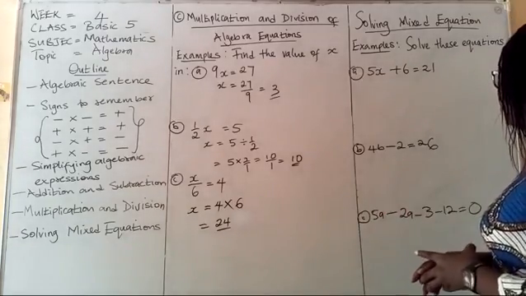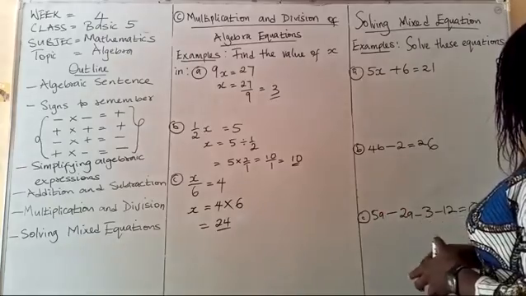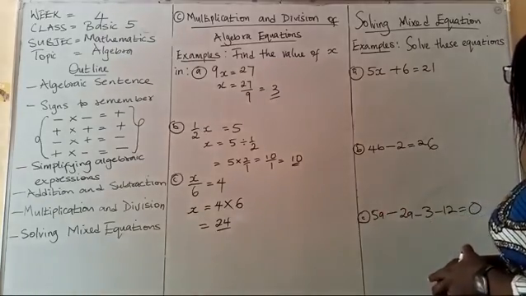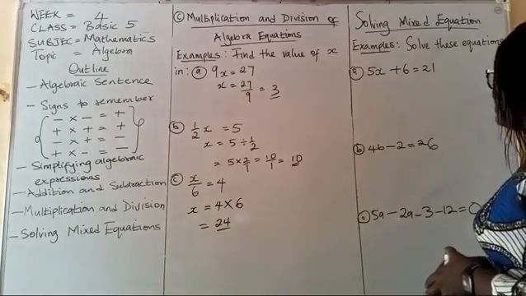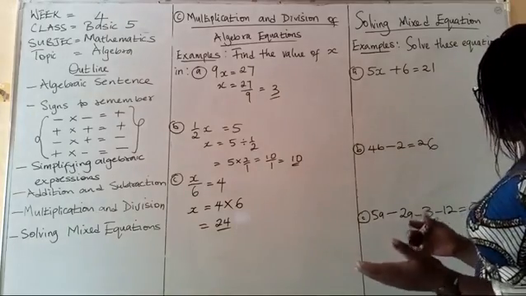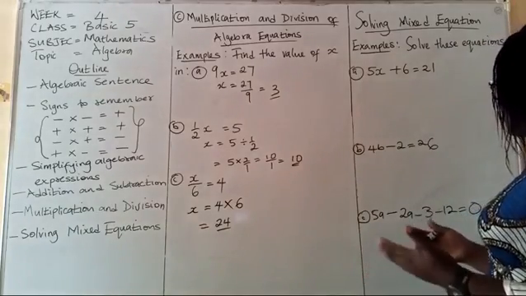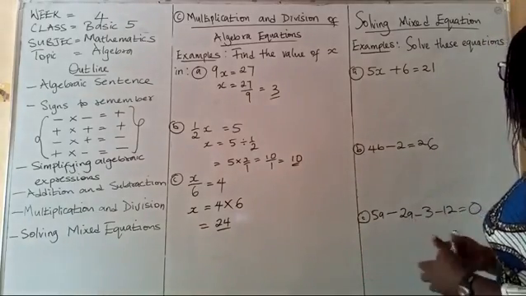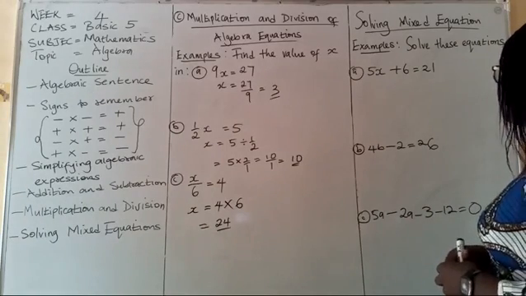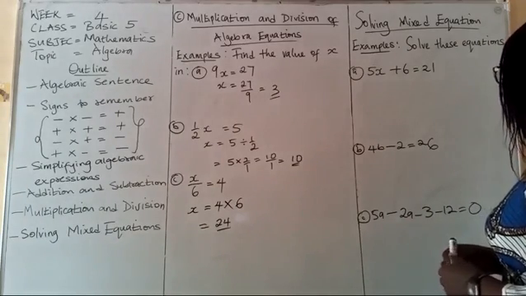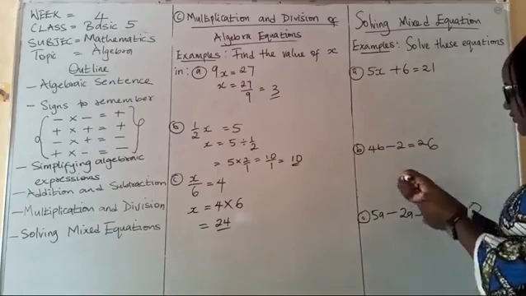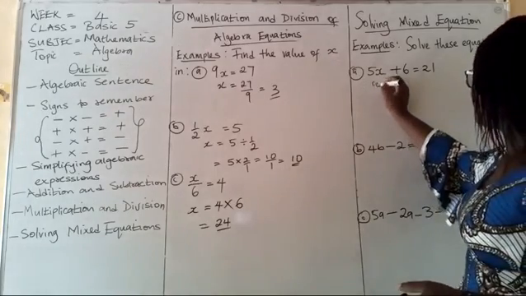Here now you observe that we are having what we call a mixed equation. A mixed equation means that we are having subtraction, addition, and multiplication as well. Let us solve. The first step is collecting like terms.